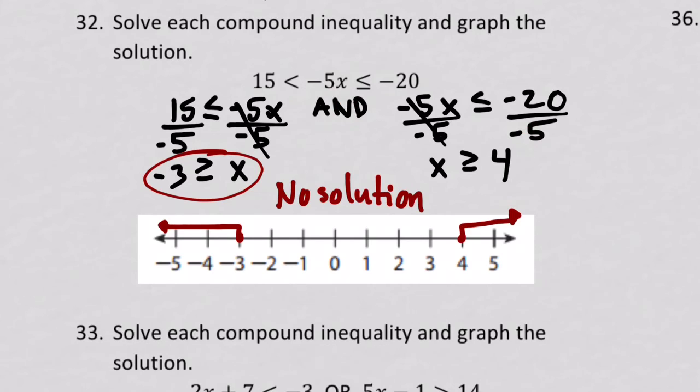So this one has actually no solution because it makes no sense. There is no number that is smaller than negative 3 but also bigger than positive 4. You can't think of a number that is true for both possibilities, right? Negative 4 or positive 5, they fit either one of the requirements, but they don't fit both. Okay, so no solution to this one.